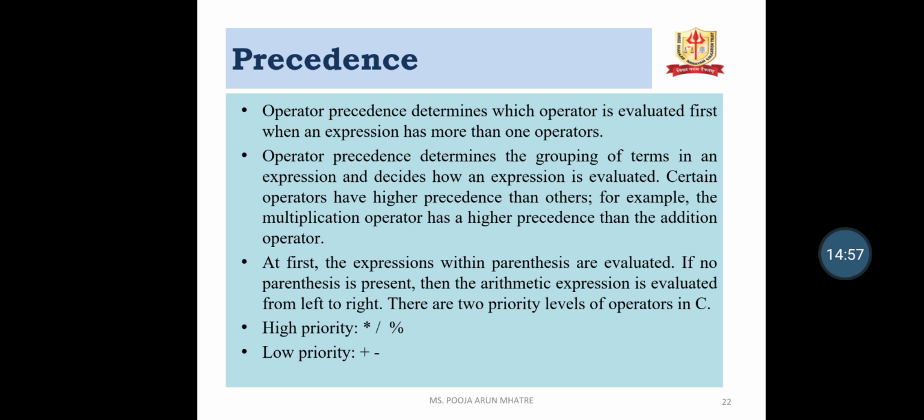At first, expressions within parentheses are evaluated. Then, if no parenthesis is present, the arithmetic expression is evaluated from left to right. So there are two priorities of operators: high priority for multiplication, division and modulus, and low priority for addition and subtraction.